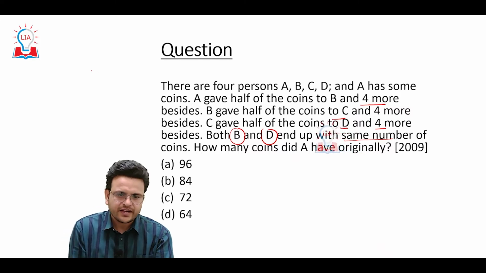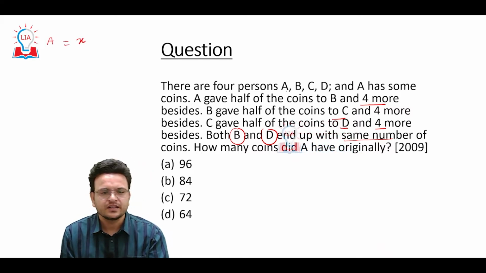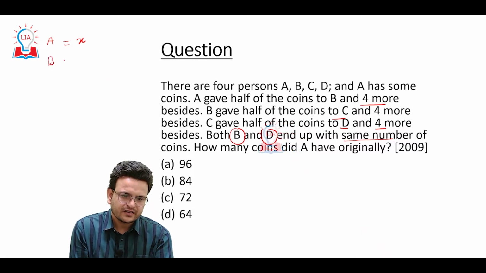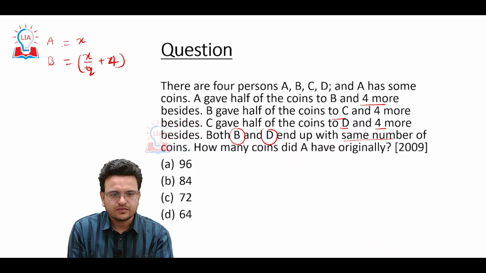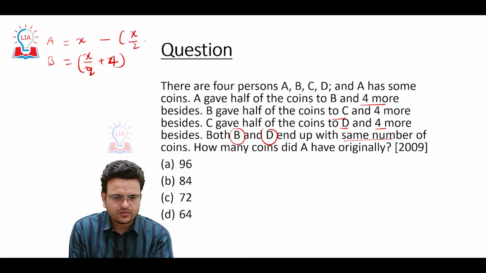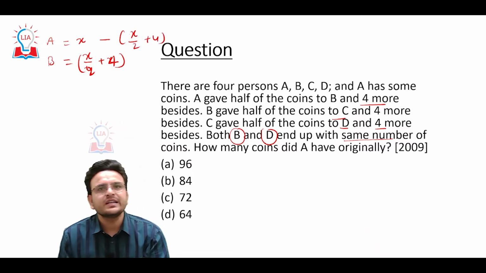In the first way, consider A has x coins. A gave half plus 4 to B. Now the remaining for A will be x by 2 minus 4.